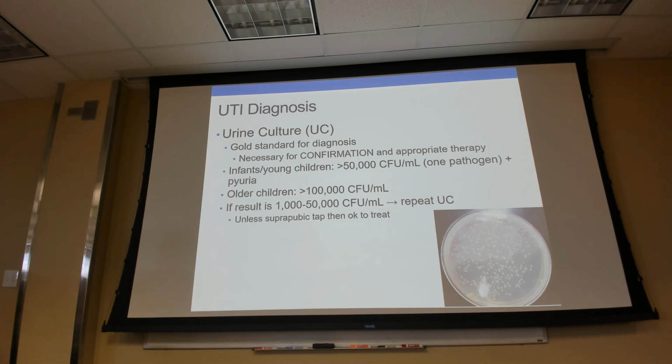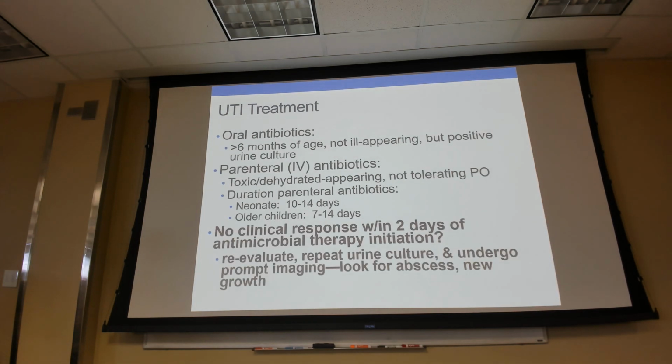So some people will say over the age of 10, some people will say over the age of 5. We'll call it school aged. I'm not going to try to trick you with that. I'll try to give you under a year or over a year. And if you get those in between, most of the time it's that contaminated sample and you have to redo it. So that 1,000 to 50,000, really not helpful. So well, please use a straight cath.